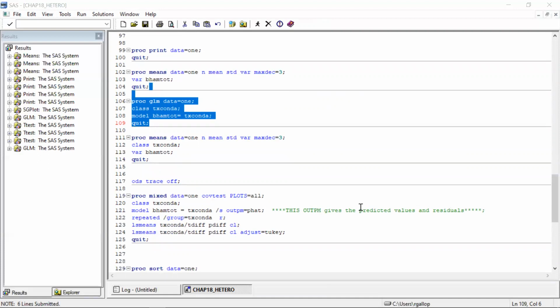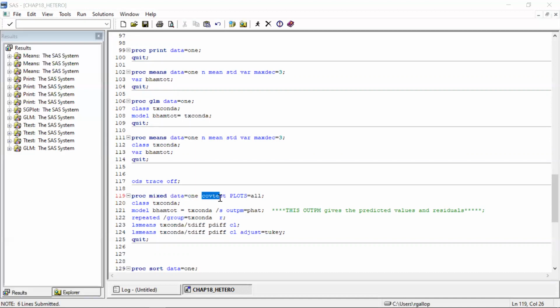How we fit unequal variance in SAS is I'm going to introduce you to a procedure we're going to see in chapters 25 and 27 called proc mixed. Proc mixed is going to fit the heterogeneous variance model for us. Proc mixed, data equals the data set you're analyzing.